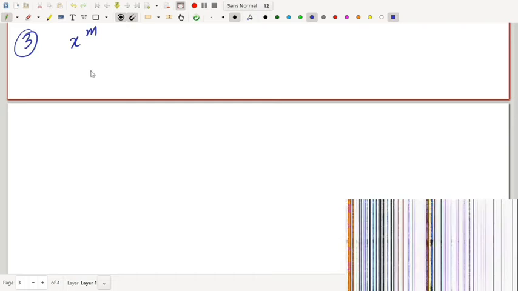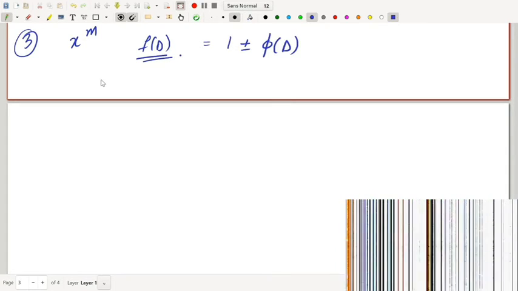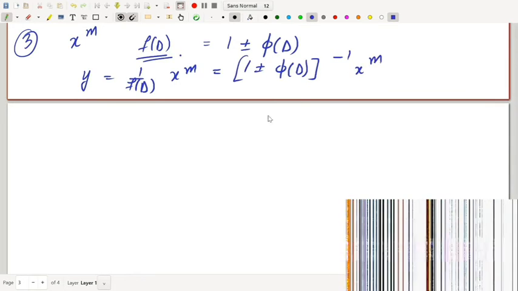Basically what we do is f(D) को हम इस फॉर्म का कर देंगे, 1 plus minus 5 of D की फॉर्म का कर देंगे. ऑलराइट, सो बेसिकली y क्या होगा? 1/f(D) into x raised to power m, (1 plus minus 5 of D) का इनवर्स x raised to power m. एंड मैंने इनवर्स के फॉर्मूलेज अभी ऊपर बताए थे काफी सारे, सो वो यूज होंगे यहाँ पे.